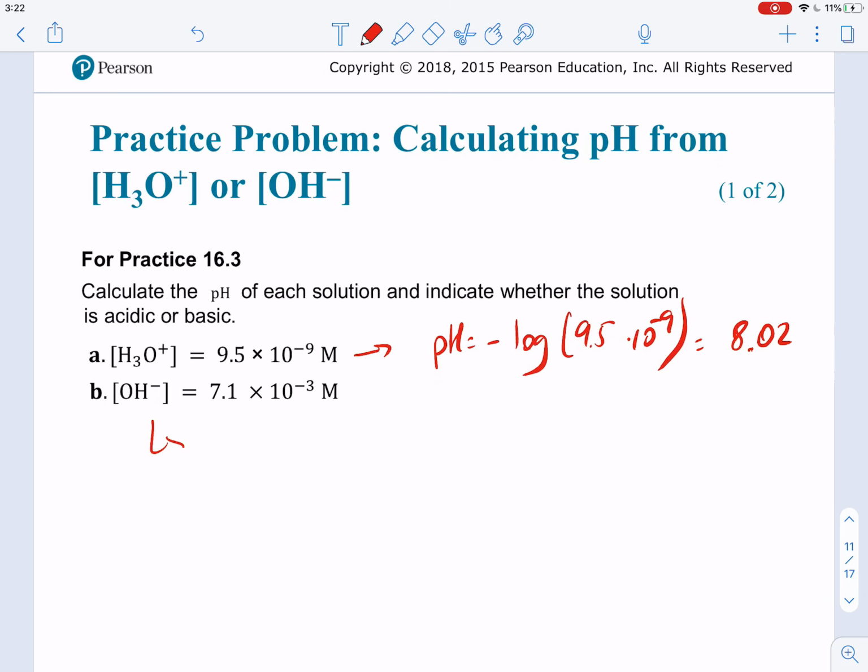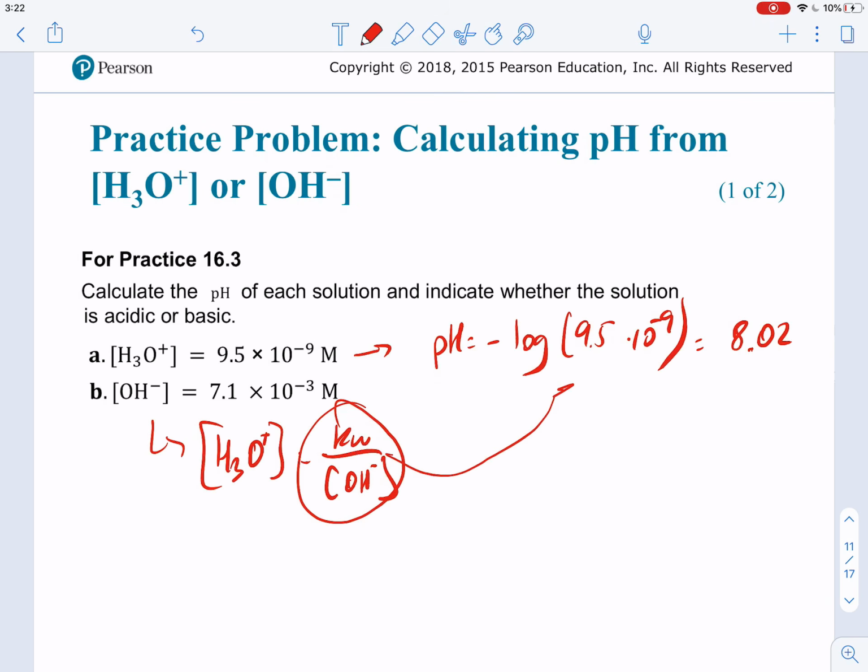And in this case, since you know how to calculate the concentration of H3O+ from OH-, H3O+ is equal to Kw over OH-, then we can actually plug that into the equation.